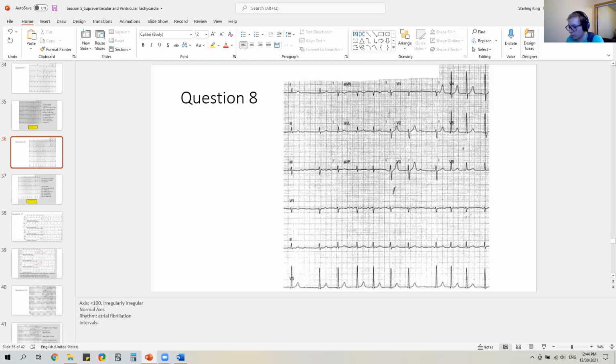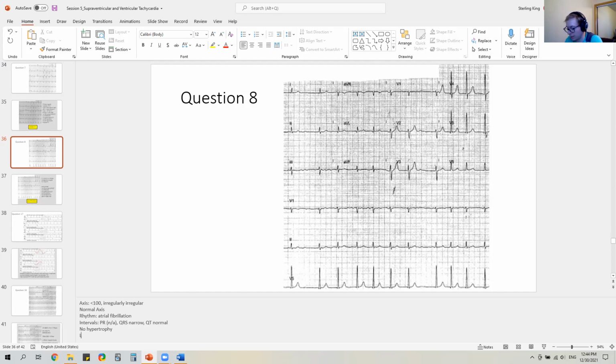Intervals. Well, the PR is N/A. QRS is narrow. QT is normal, it's less than half. Hypertrophies: not going to be able to read the atrial, and left looks normal, right looks normal, so no hypertrophy. Okay, running through our bundle branch: no, definitely not.